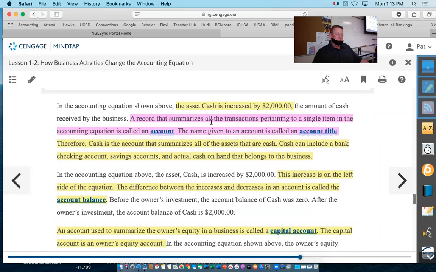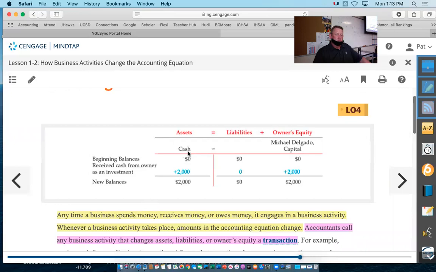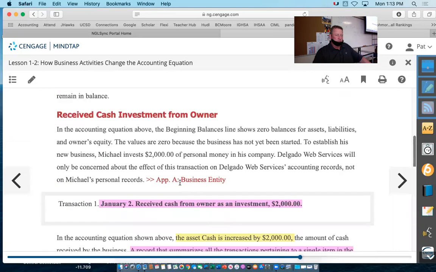We will also want an account balance. So an account title, account balance, all kind of makes sense. Cash, this is the account title, and this is the balance, right? So it kind of makes sense.